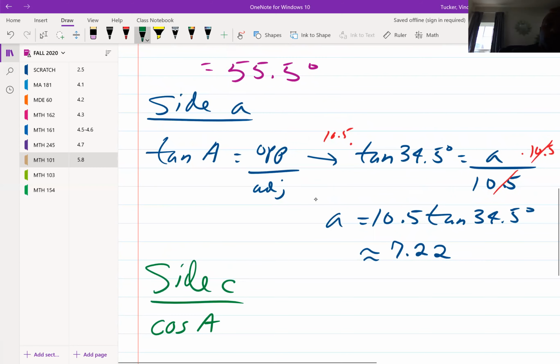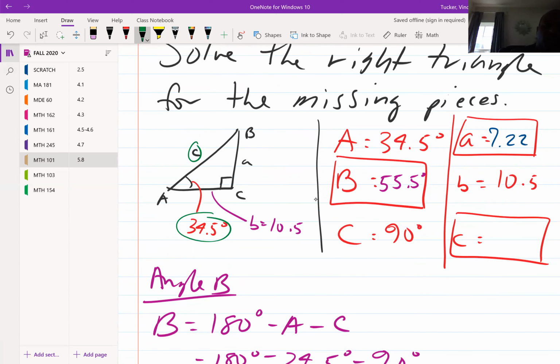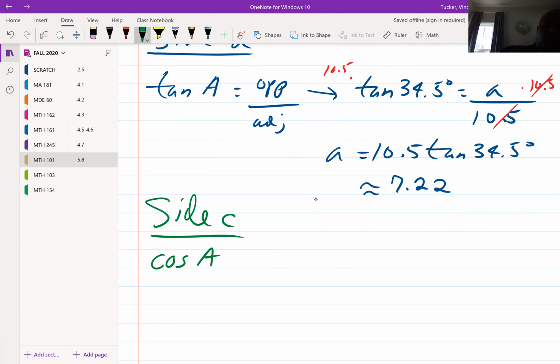So we have cosine A. A is our angle, and we might as well use the given, which is 34.5, the adjacent side, and the hypotenuse, because we want to know what C is. So we'll do cosine, adjacent over hypotenuse. That's why I went with cosine.